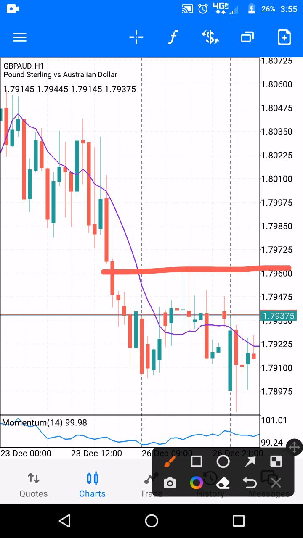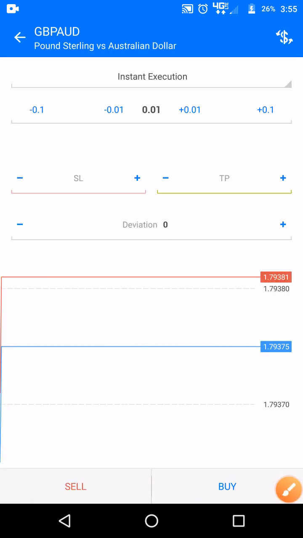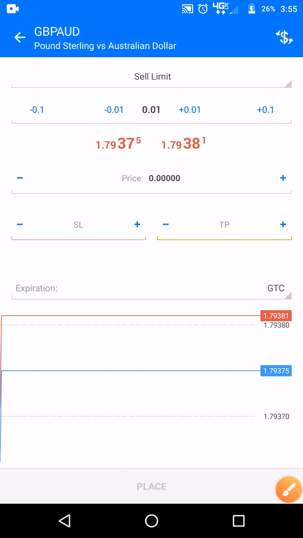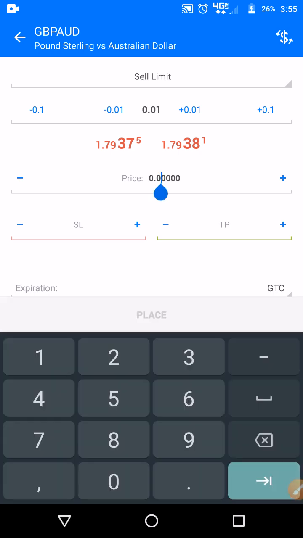How to do this is very simple. The price is 1.79600. All I will do is open it here, go to sell limit, and over here I'll put 1.796.